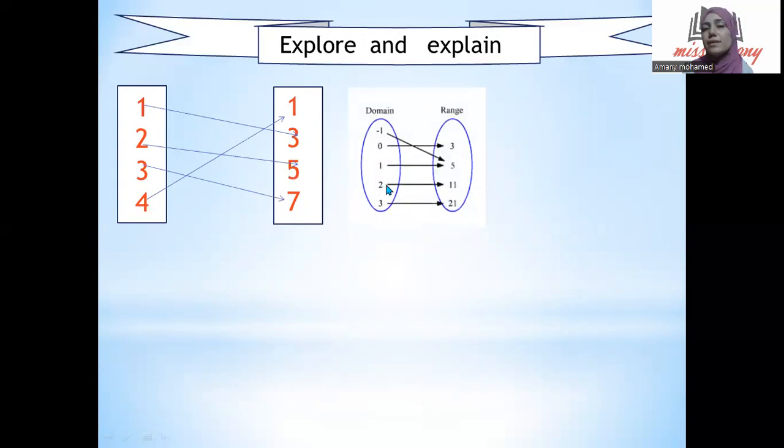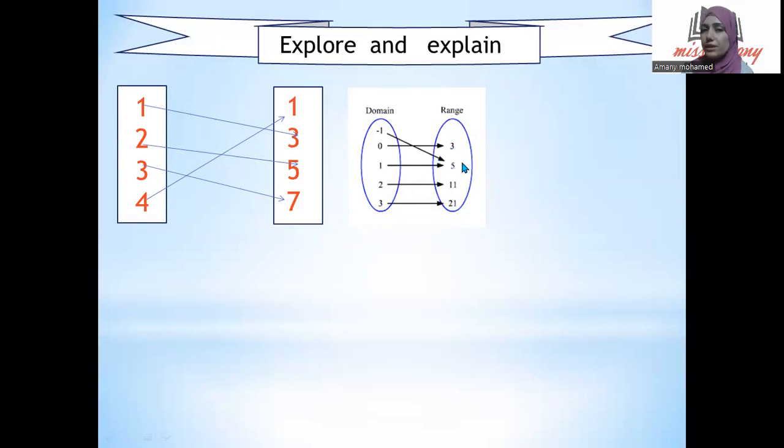Here we have a relation between the input set and the output set. Our input set is negative 1, 0, 1, 2, 3, and the output set is 3, 5, 11, and 21. The relation here is between the domain, negative 1, 0, 1, 2, 3, and the range, which is, who can tell me the range here?